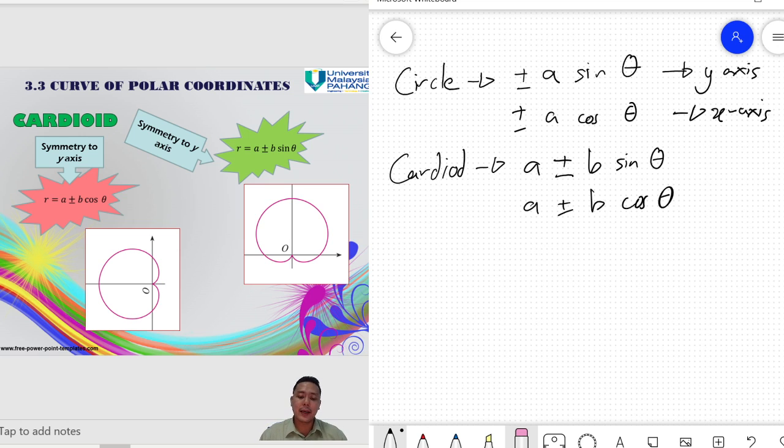Again, the same principle. Later I will show you how to plot it.